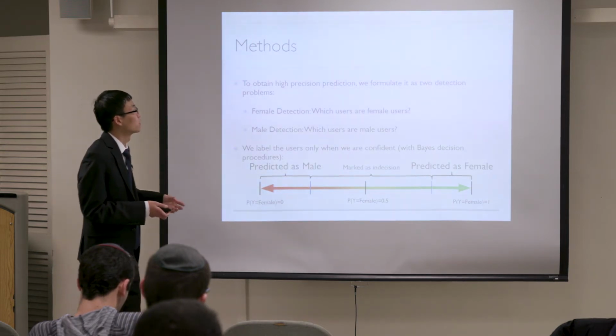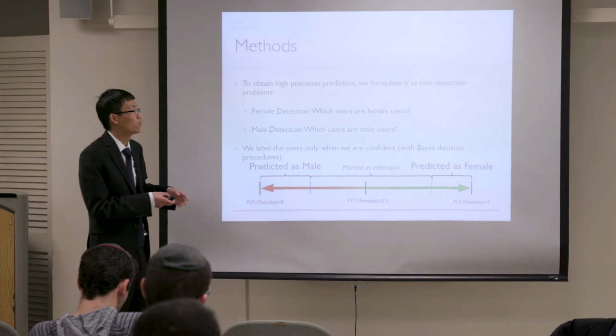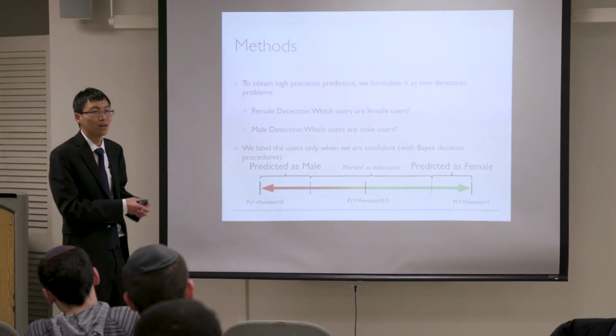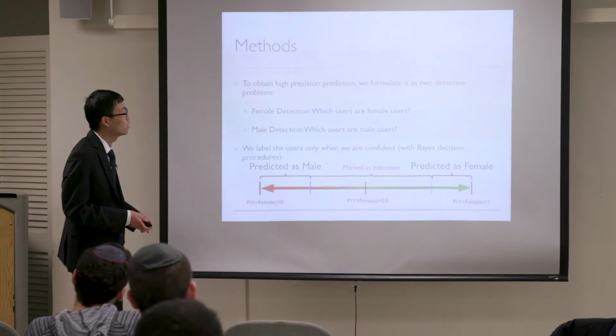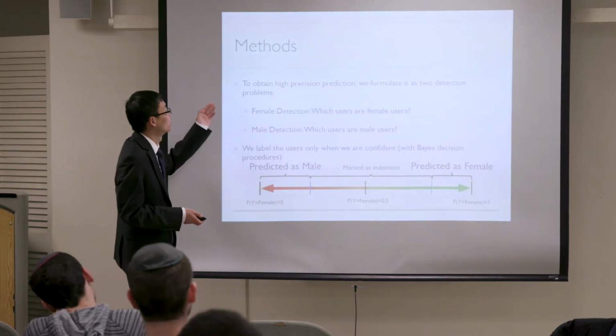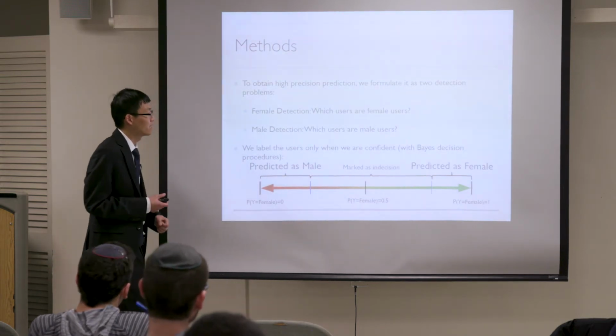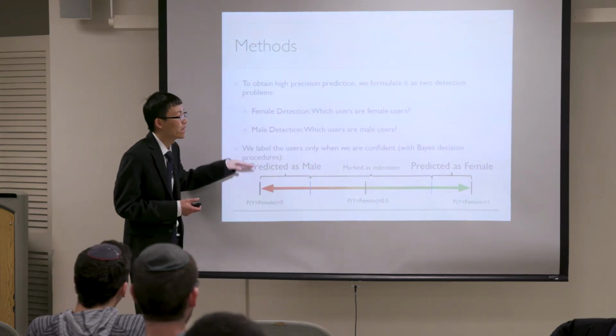So how do we get this? Because the data is very noisy, if you label all the users, there is no way you can get this result. So here we formulate it as two detection problems, female detection and male detection. The basic idea is we label the users only when we are confident.